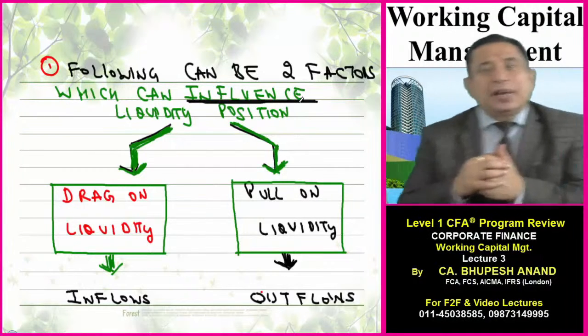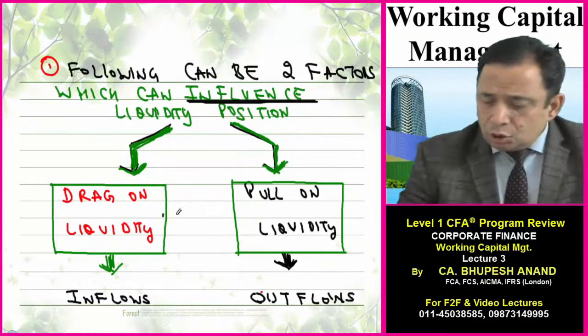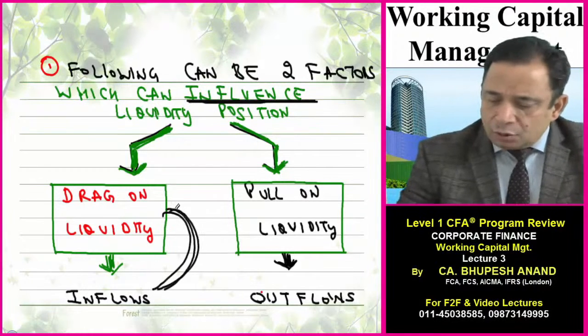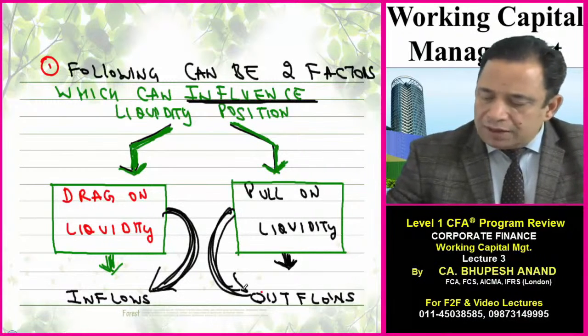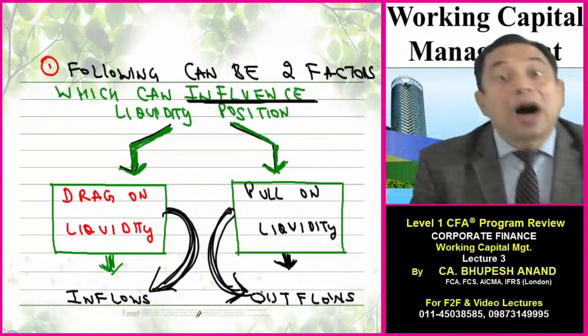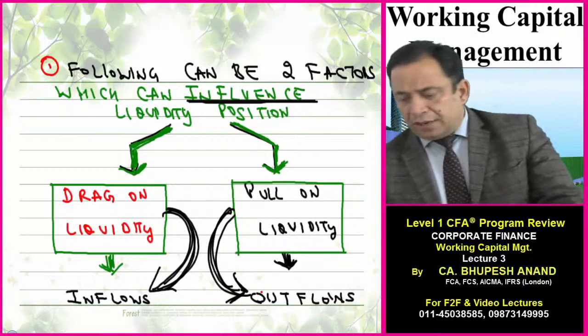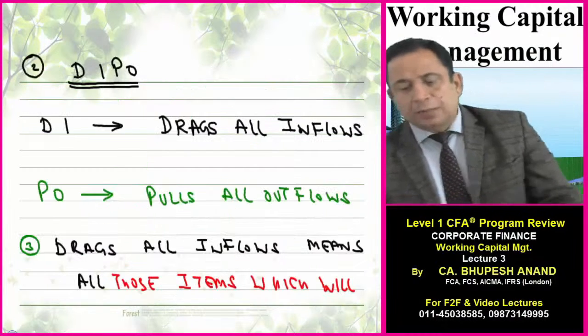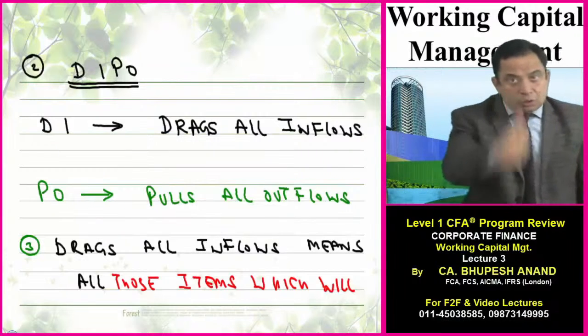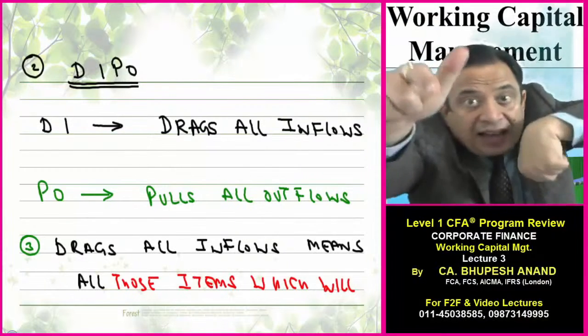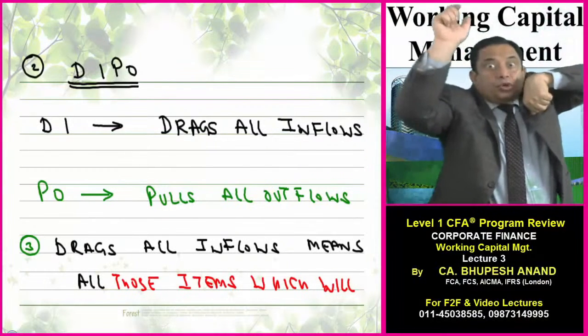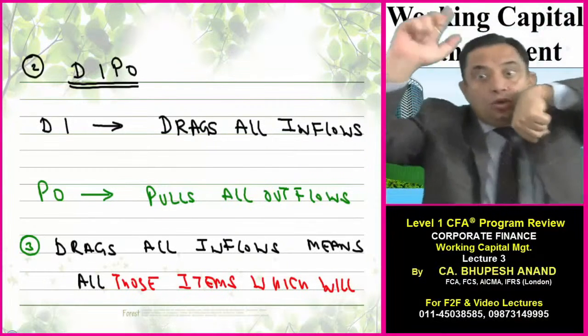Drag on liquidity is always to be read in relation to inflows, and pull on liquidity is always to be read in relation to outflows. Let's write point number 2. The word I have given you is DIPO, D-I-P-O. Drag in: drag is always in relation to inflows and pull is always in relation to outflows.